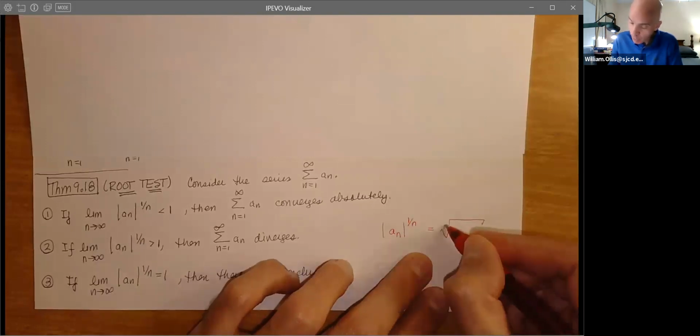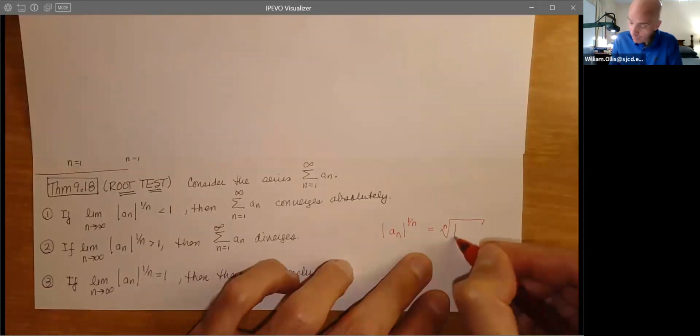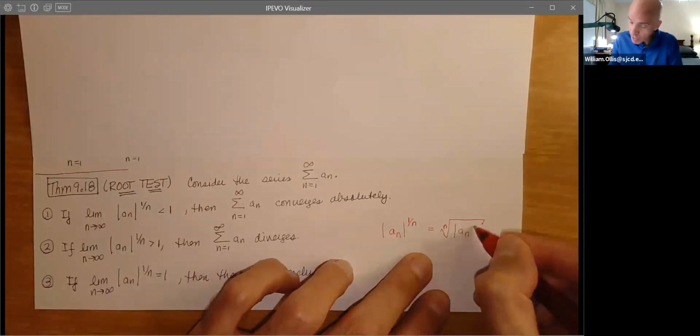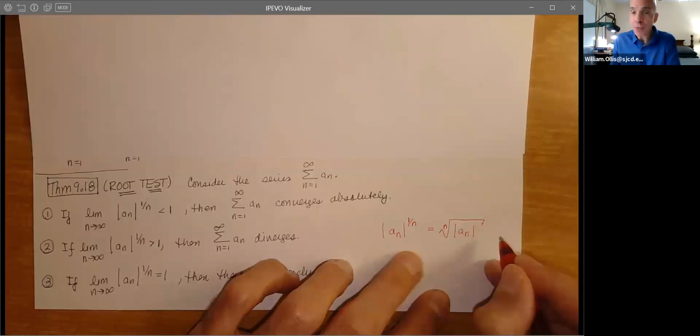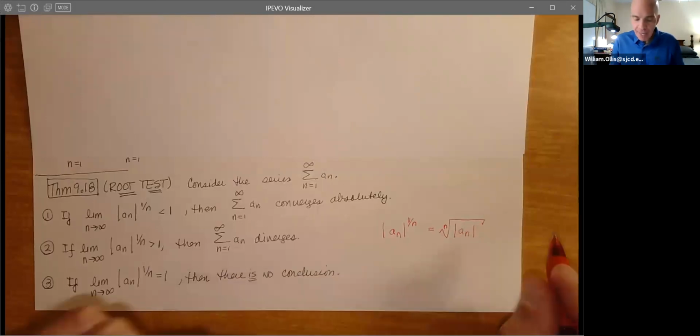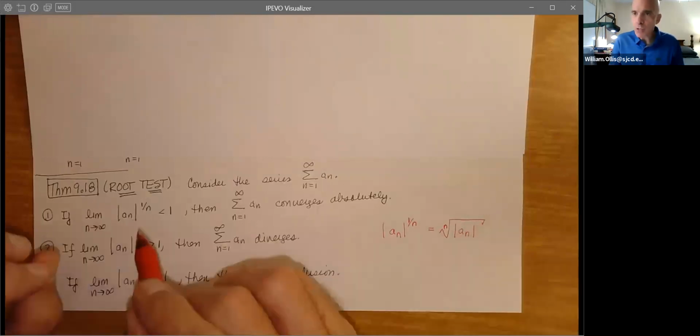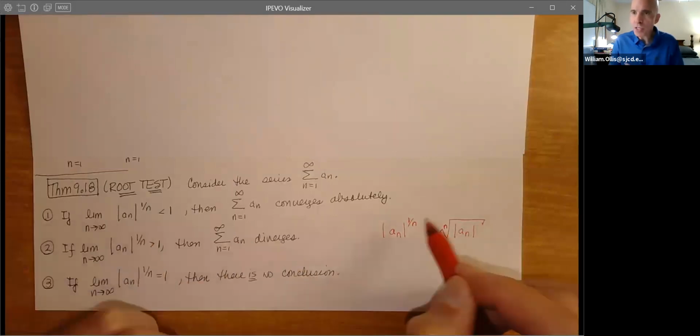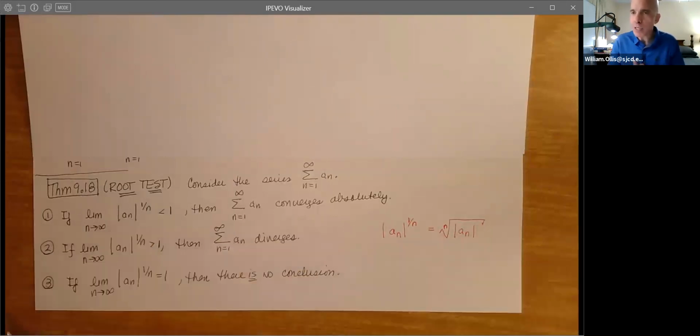So if we're doing it in a very formal notation, sometimes some of you all use this in WebAssign, you have the nth root in this case. So you're thinking, if this a sub n has some powers of n in it, this 1 over n is just going to eradicate them. It's like squaring a square root.